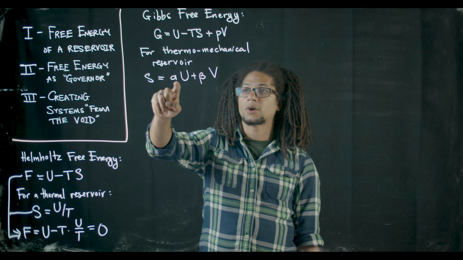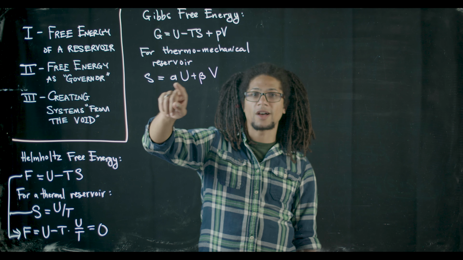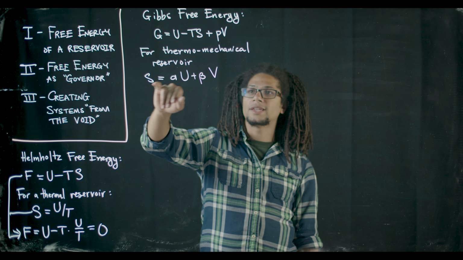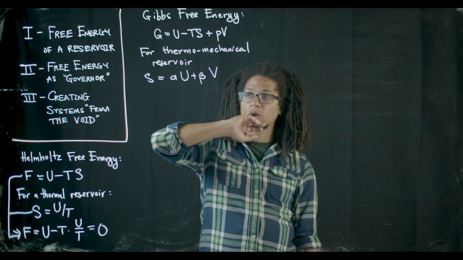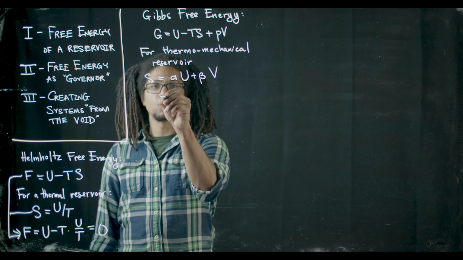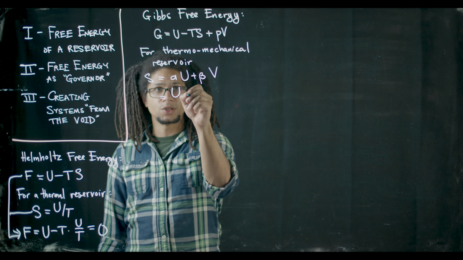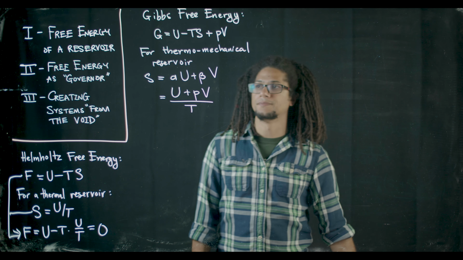Because partial S partial U, as we've already said, is 1 over T, which gives us the value of alpha. And partial S partial V, since we're in internal energy work coordinates, is P over T, which gives us the value of beta. So this implies that S is equal to U plus PV all over T.